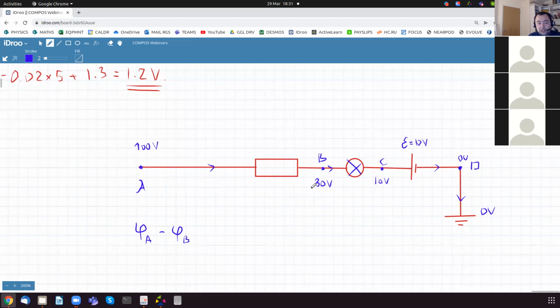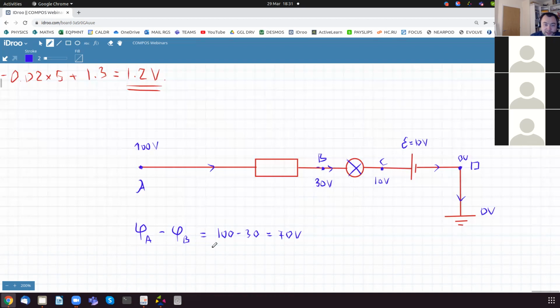Are we losing potential as we go from A to B, or are we gaining potential? It's a drop, of course. And phi A is going to be 100 minus 30. So it's 70. So a drop is positive.